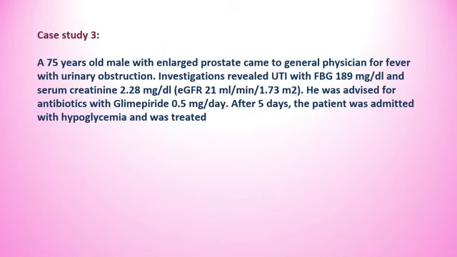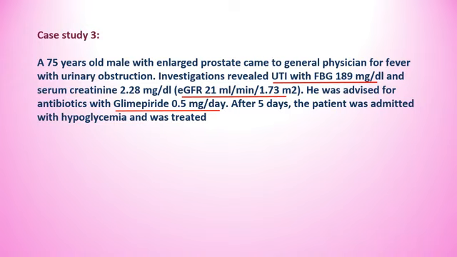Case study 3. A 75-year-old male with an enlarged prostate came to the general physician with fever and urinary obstruction. Investigations revealed UTI with fasting blood glucose 189 mg per deciliter and serum creatinine 2.28 mg per deciliter, corresponding to an eGFR of 21 milliliter per minute per 1.73 meter square.